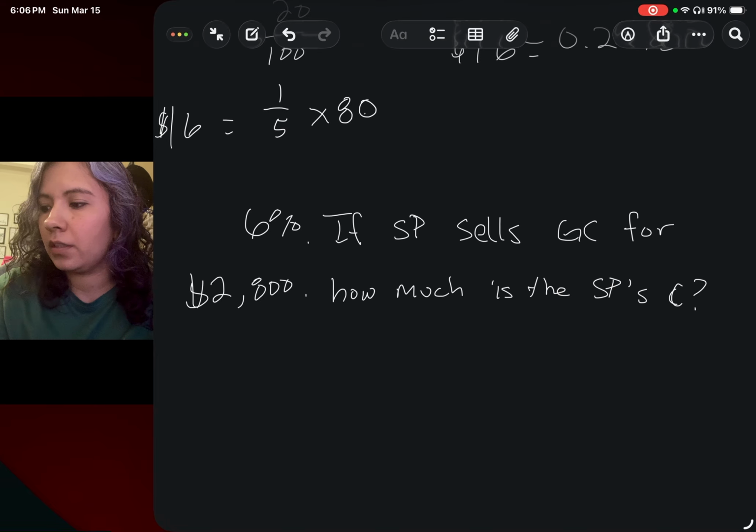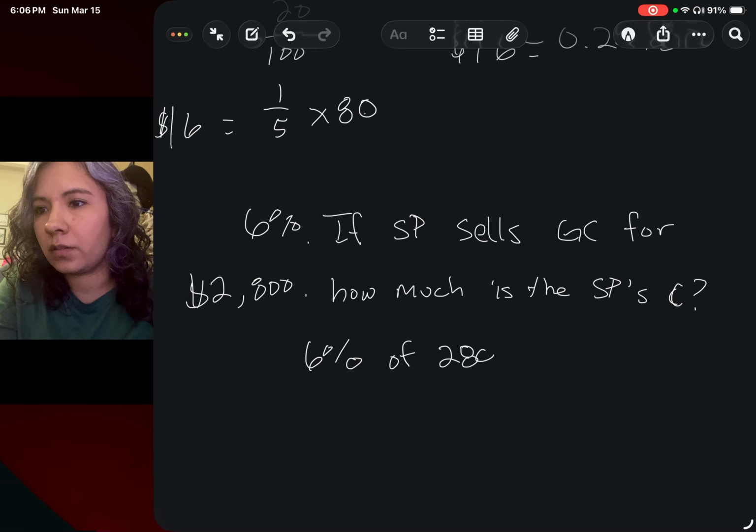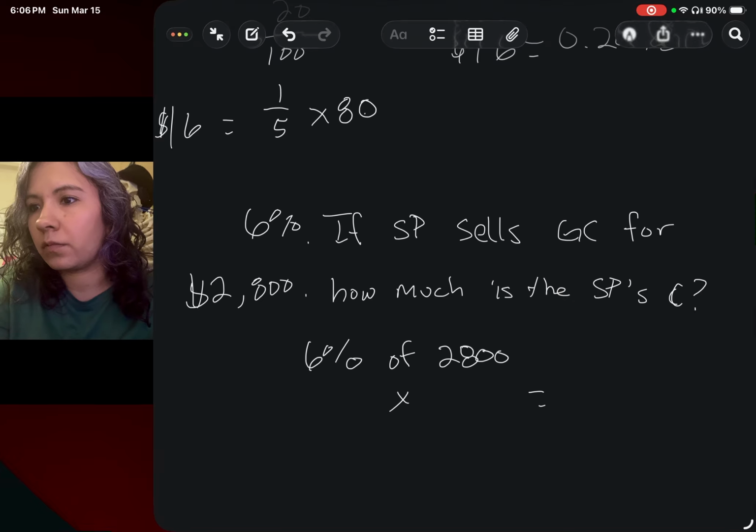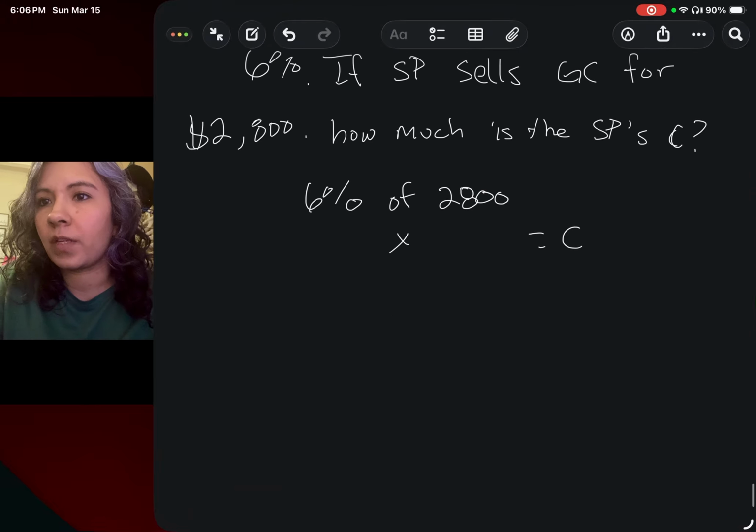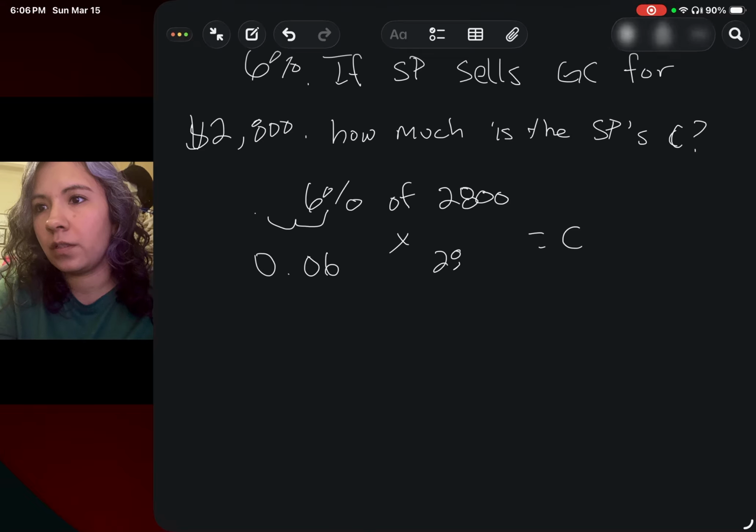All right, so we want to find 6% of 2,800. That means we're multiplying and looking for commission. But for this, we're going to go ahead and convert this percentage into a decimal. So we're going to move this over to 0.06 times 2,800.